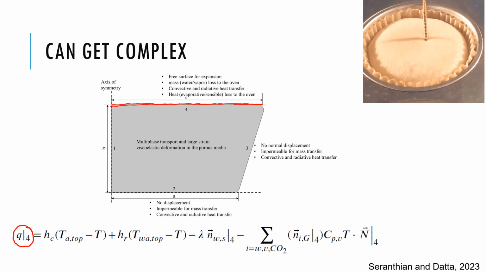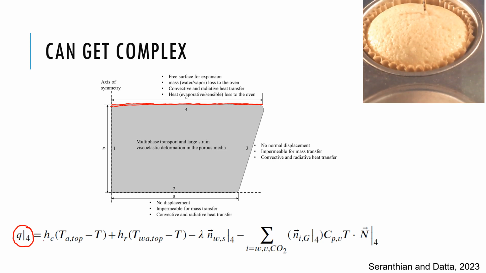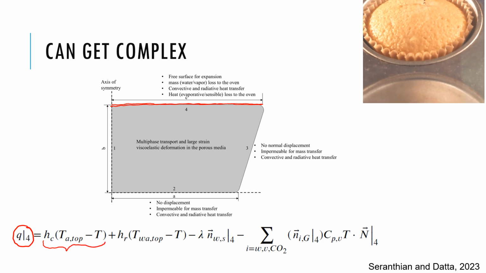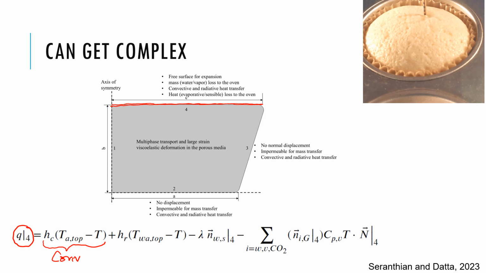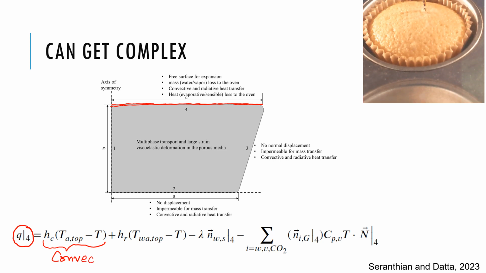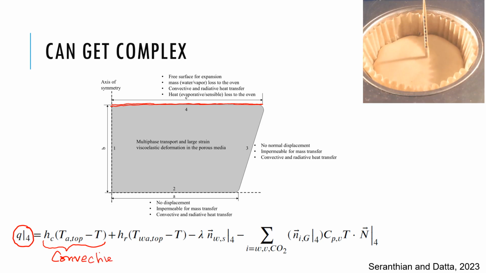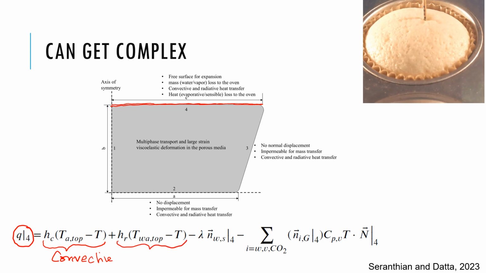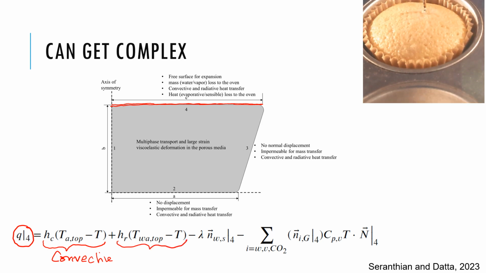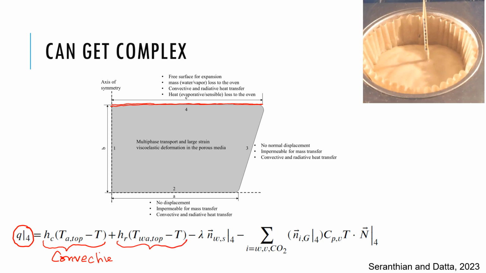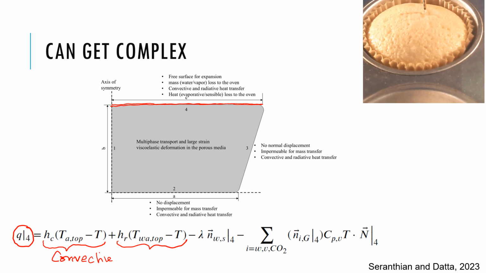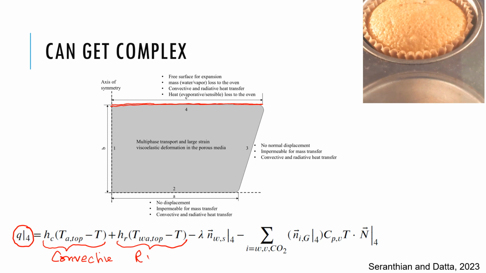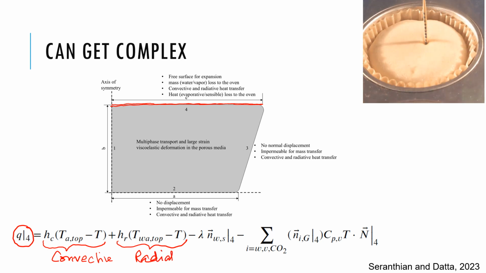So on that surface I have convective heat transfer, then I have radiative, which can be written different ways as radiative exchange, or in this case it's written in terms of a radiative heat transfer coefficient.